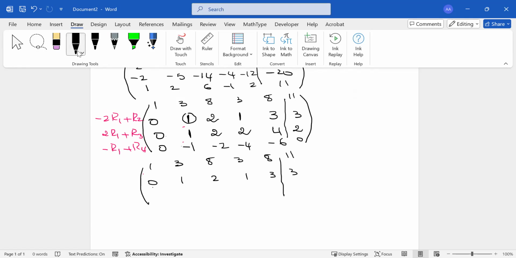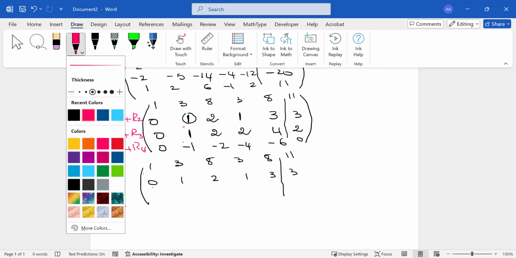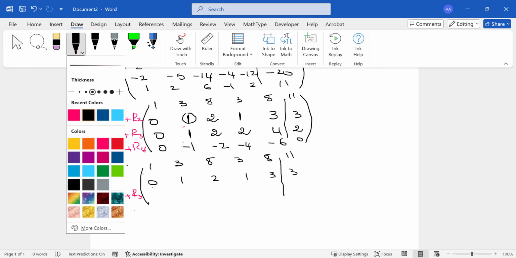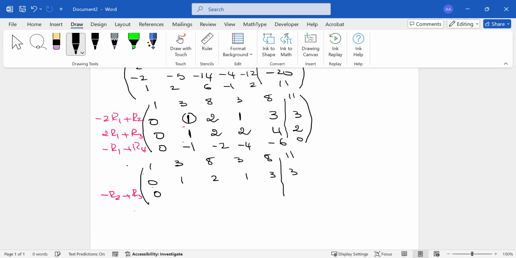Okay, now we're going to do -R2 plus R3. You get a 0 there. It's just row number 3 minus row number 2. That's a 0, that's a 0, that's a 0 right here. That is a 1, that is a 1, and this is a -1.